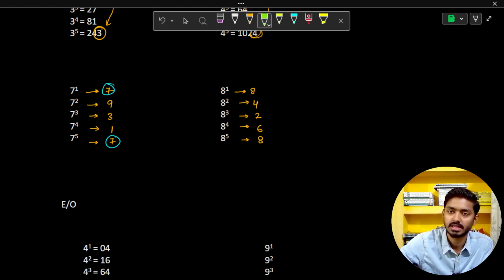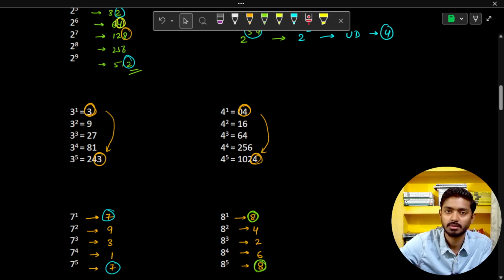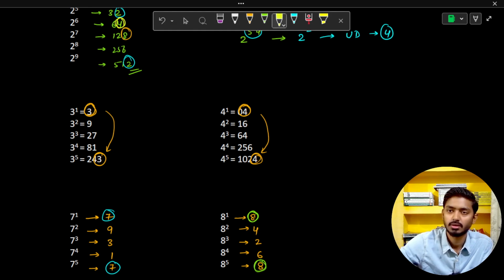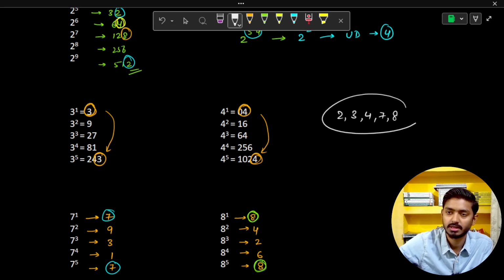The cyclicity repeats at every fourth interval. So, all the numbers 2, 3, 4, 7, and 8 go on with the cyclicity of 4.